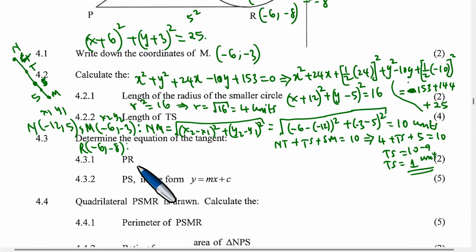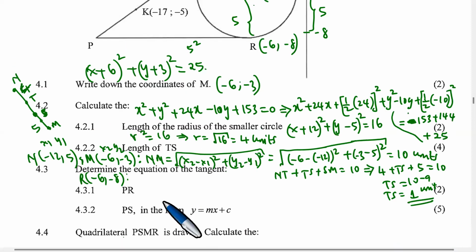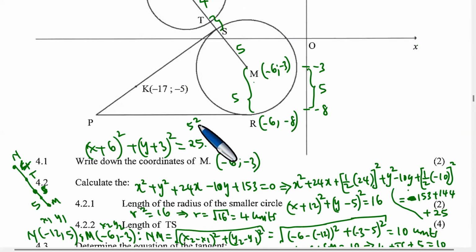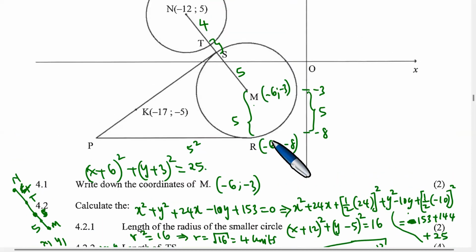And what is then the equation of the tangent PR? It is a tangent that is parallel to the x-axis, because it is certainly perpendicular to the radius of the bigger circle.